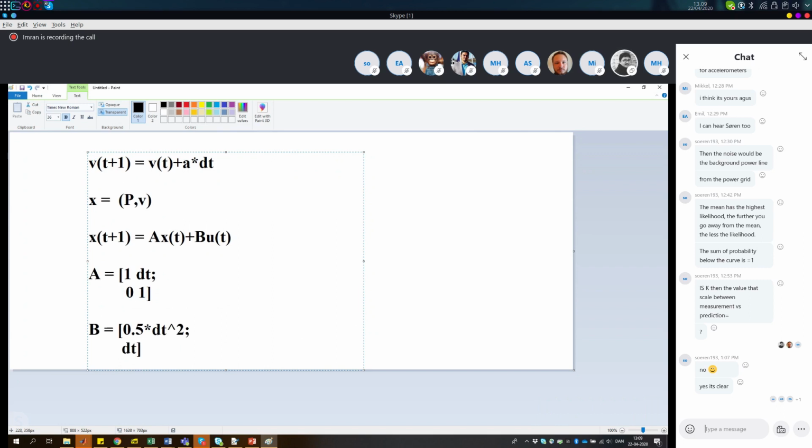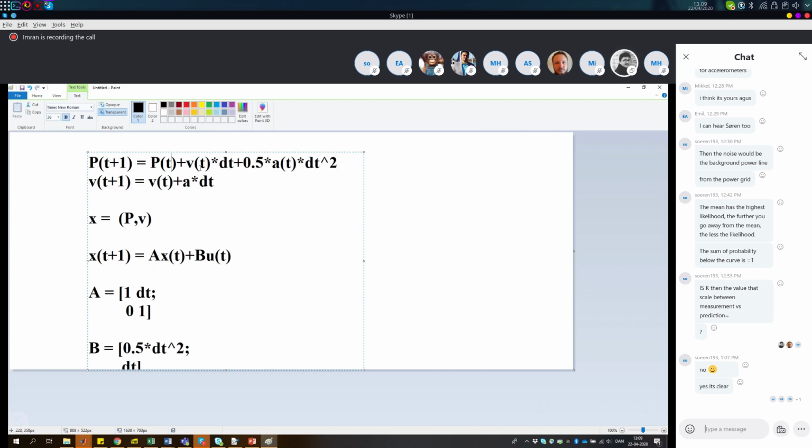So in this case, what I'm considering is u. I consider the acceleration as the control input. So this acceleration is the control input.